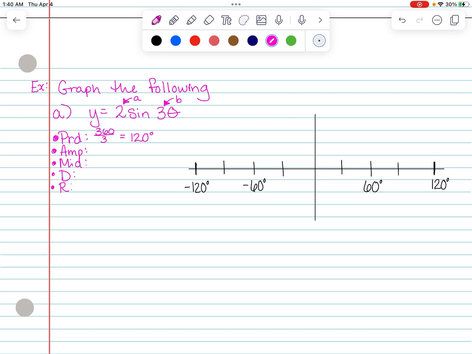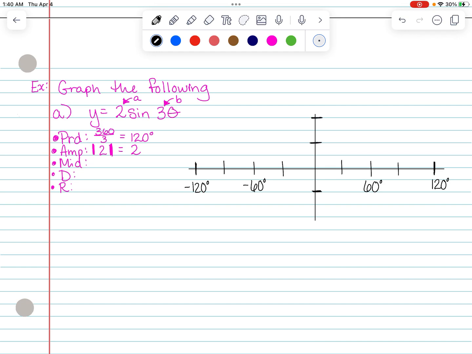Okay, amplitude. Amplitude is given by the absolute value of the number in front of the sine or the cosine. Note, I just said sine or cosine. Tangent, secant, cosecant, and cotangent are different. But today we're just doing sine and cosine anyway. So, the absolute value of A, or the number in front, is the absolute value of 2, and the absolute value just makes a number positive, which was already positive, is 2.